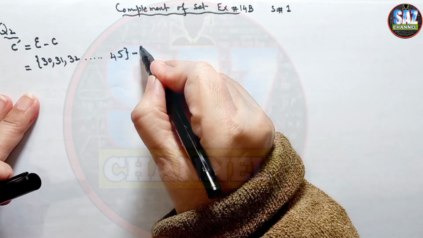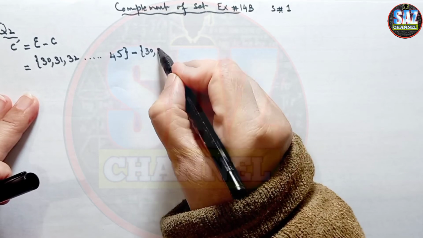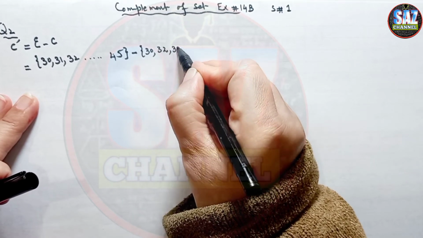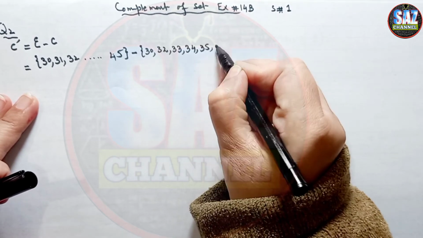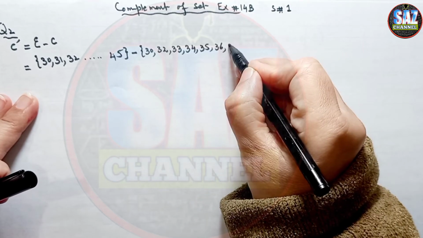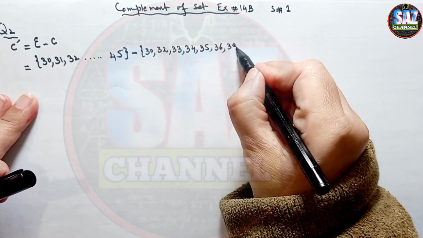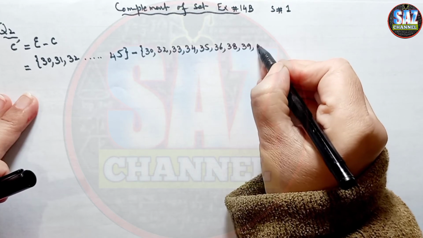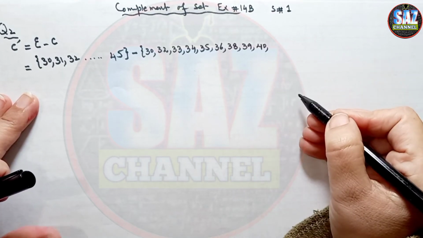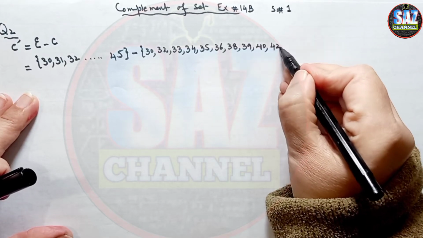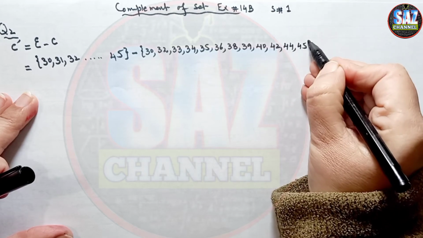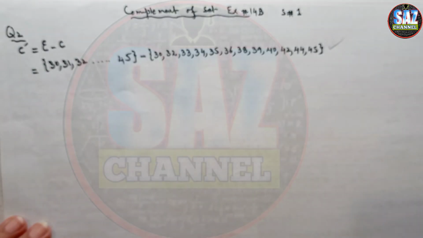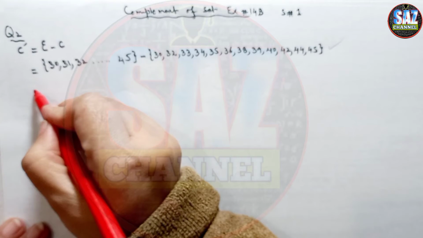So 30, 32, 33 non-prime, then 34, then 35, then 36 non-prime, then 37 I have to skip, then 38, then 39, then 40, then 41 I have to skip, then 42, and then 43 I have to skip, 44 and 45. Now what we have to do, in order to get the answer of the complement, I have to write the remaining elements of universal.